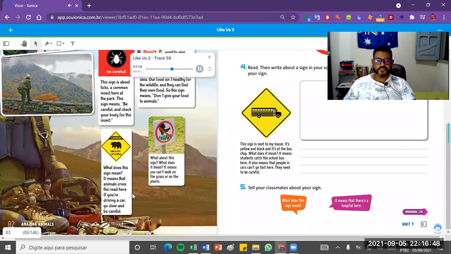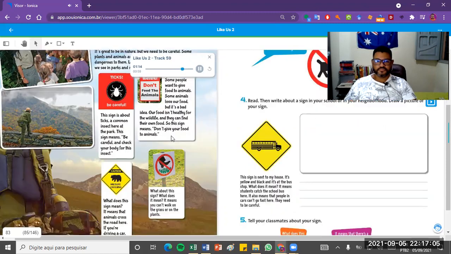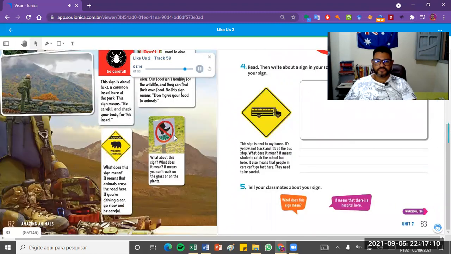If you're driving a car, go slow and be careful. Some people want to give food to animals. Some animals love our food, but it's a bad idea. Our food isn't healthy for the wildlife, and they can find their own food. So this sign means don't give your food to animals. What about this sign? What does it mean? It means you can't walk on the grass or on the plants.